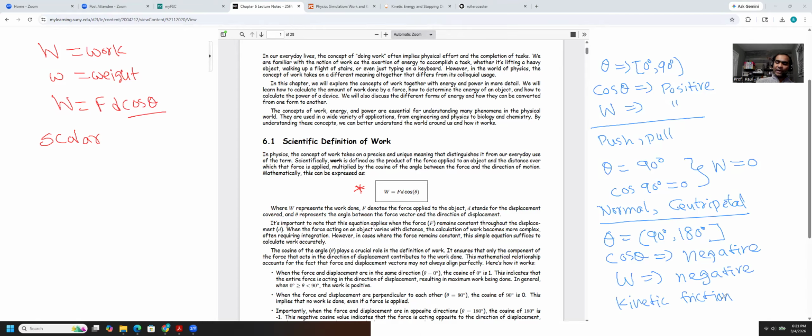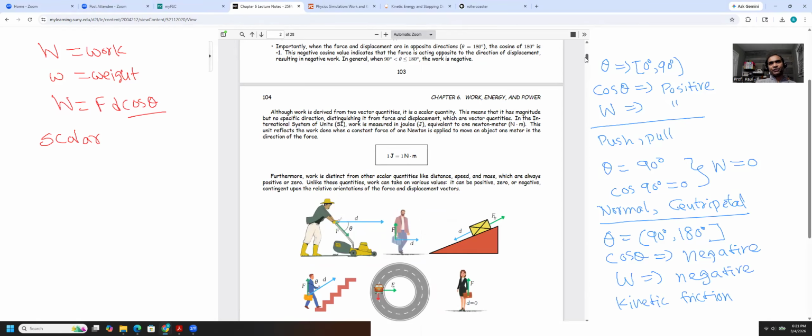You know, kinetic friction is always opposite to the direction of motion. So that means the angle between the force and displacement is 180 degree. So that's why kinetic friction does negative work. All right, so let's see some other examples and the pictures of those work in the next page.